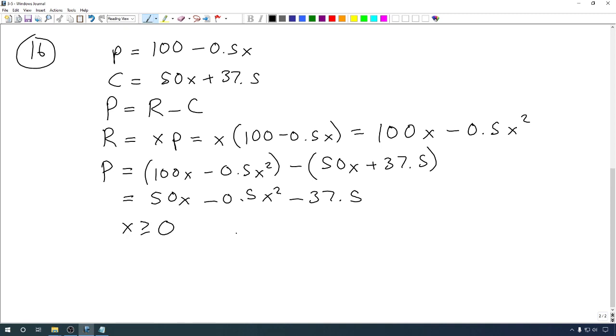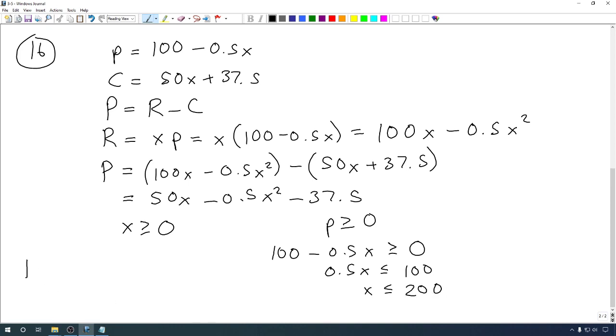But it also doesn't make sense to have a negative price. So we're going to say that P is greater than or equal to 0 and use the formula for P to actually give us the limit on x. Basically, this is just saying that 100 minus 0.5x has to be positive, or be non-negative, I should say. If I go ahead and solve this, we can go ahead and say that 0.5x is less than or equal to 100, or that x is less than or equal to 200.